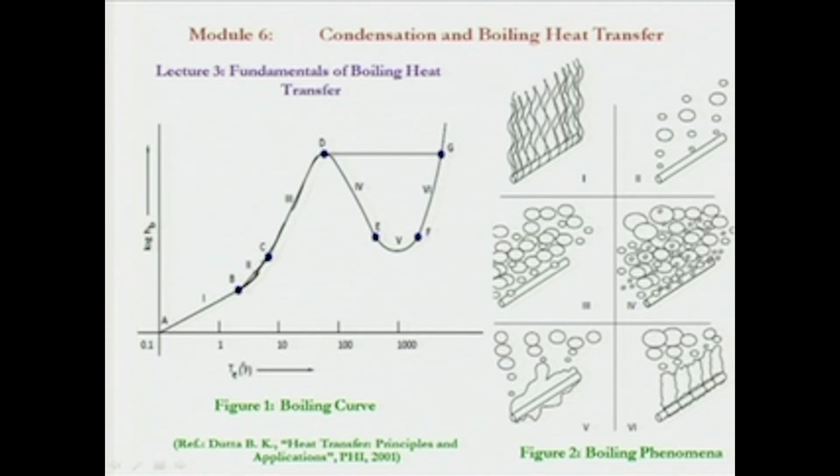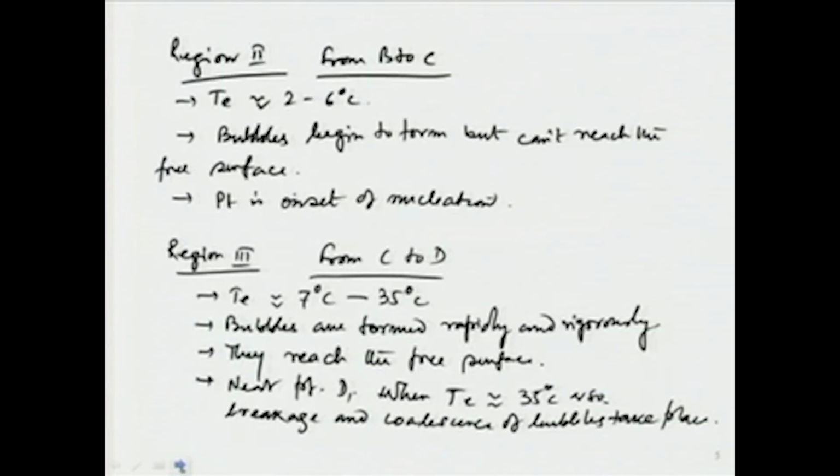Now, if we further go on increasing the temperature, we reach region 4. In region 4, because the bubble formation is very vigorous, there will be a lot of breakage and coalescence of bubbles, and that leads to formation of films, with a further increase in the excess temperature.